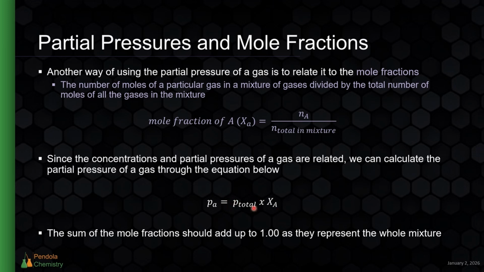Total pressure of the mixture times the mole fraction, which we can find by dividing the moles of that chemical by the total moles, including A. That will give me the partial pressure of A.